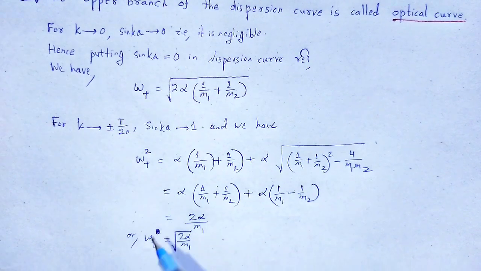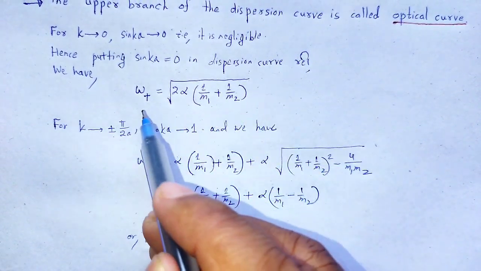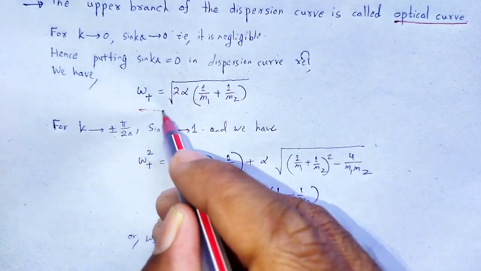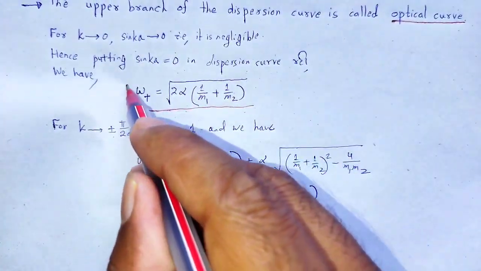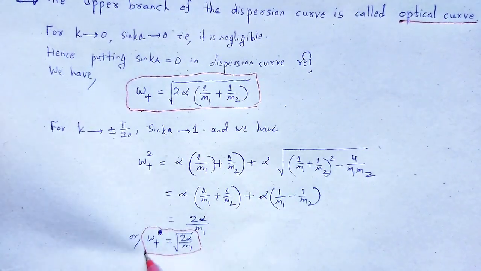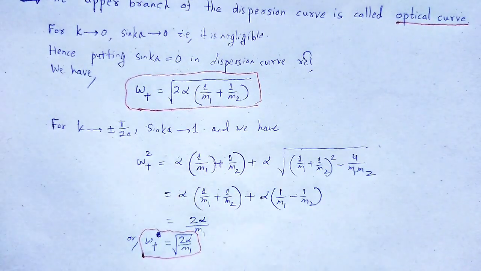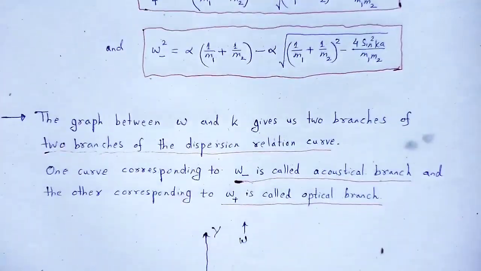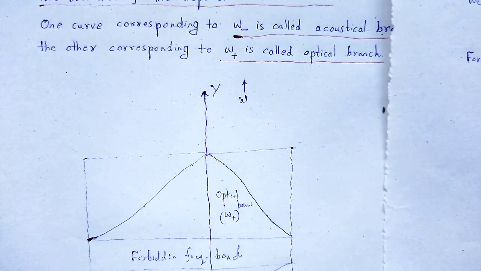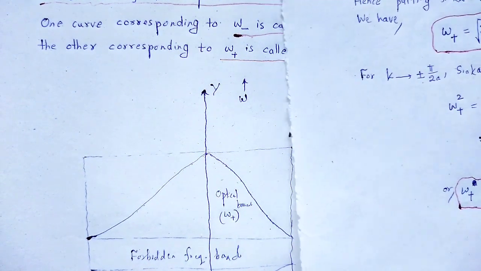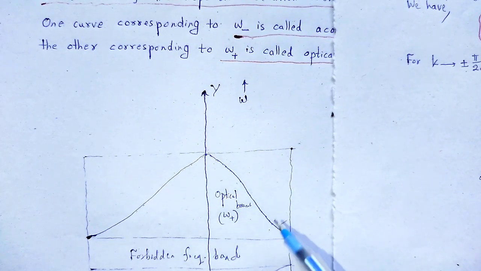Therefore, omega plus values vary from this to that. So, in the curve we show it, that is the curve for the optical branch.